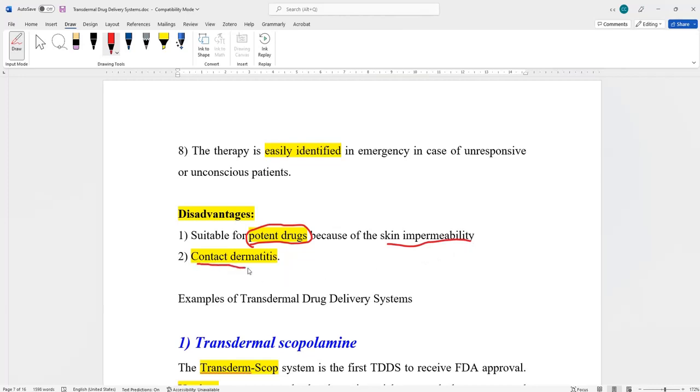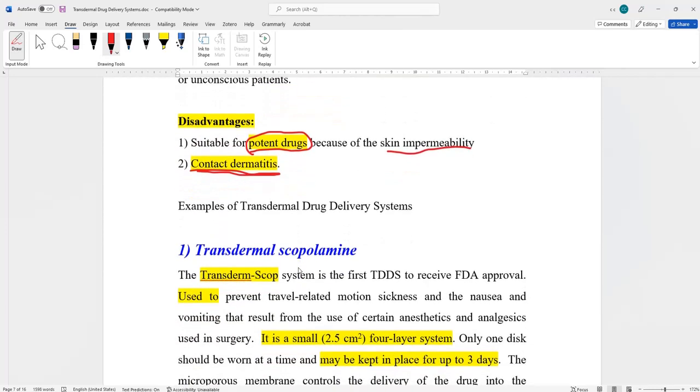And the other problem is that with some people it can cause irritation and sensitivity. We call it contact dermatitis. Okay, these are the two disadvantages of transdermal drug delivery systems.